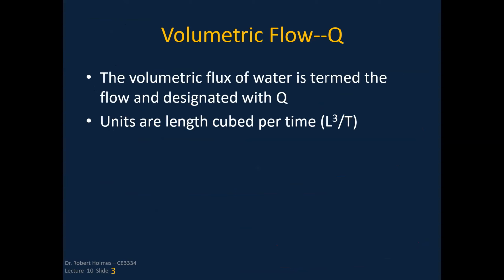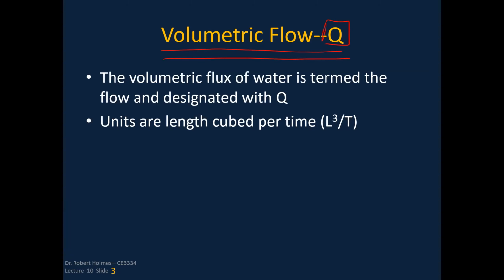And so I'm going to start off with giving you some opening definitions and set the stage for flow characterization before we get into concepts of conservation of mass and conservation of energy and those kinds of things. The first thing is we're going to be talking about volumetric flow, and we're going to use the abbreviation Q, which is fairly common in fluid mechanics and water resources publications.